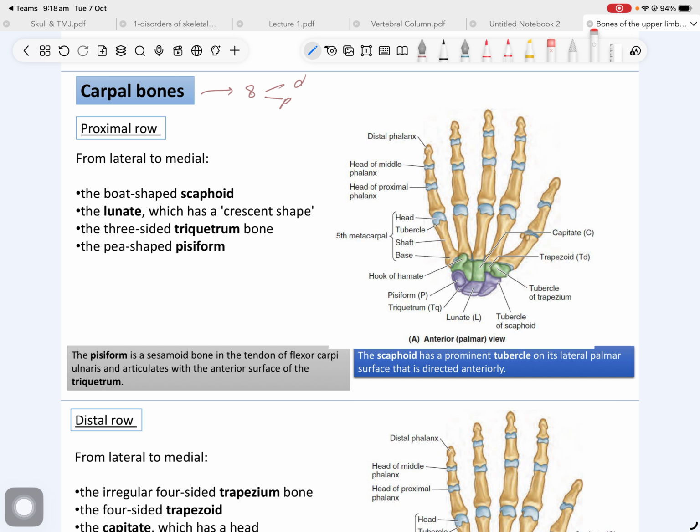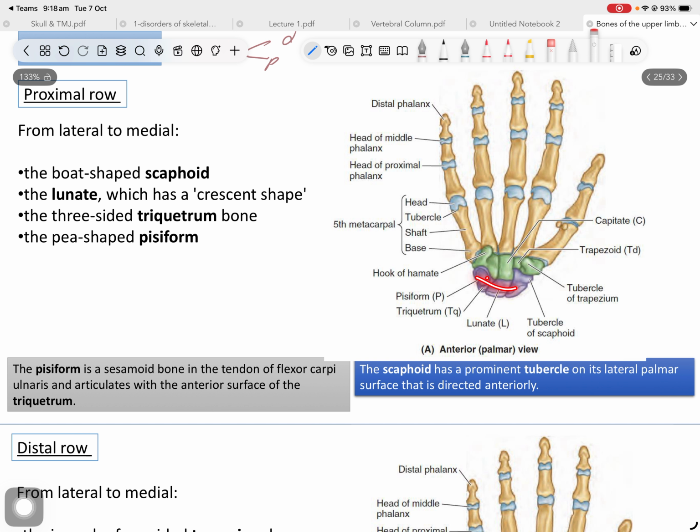So this is the proximal row. We said we have 4 bones. Let's have a look at them. First, this one, I call the scaphoid. The scaphoid looks like a boat. It is a boat-shaped bone. It has a tubercle. I call it the tubercle of the scaphoid.